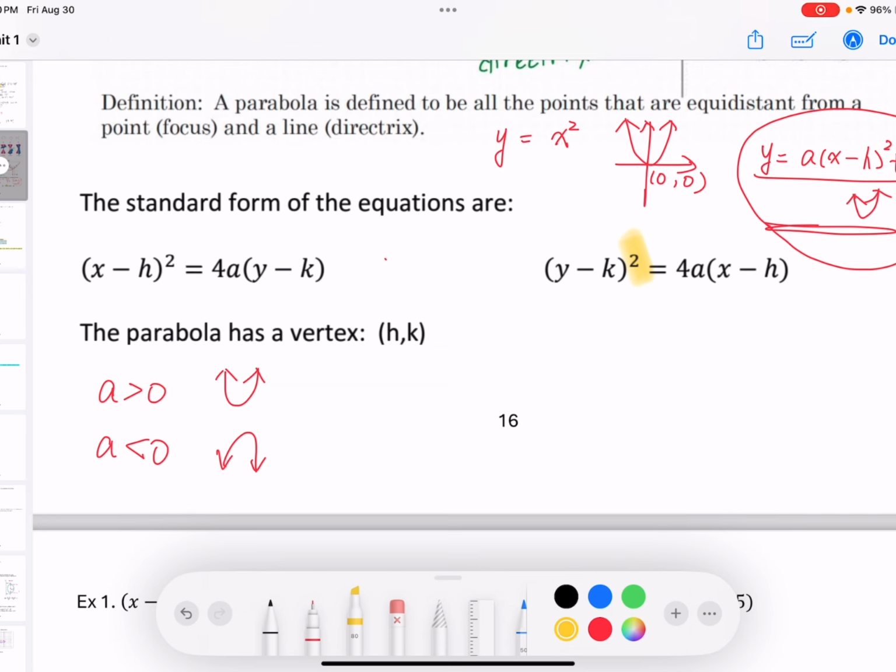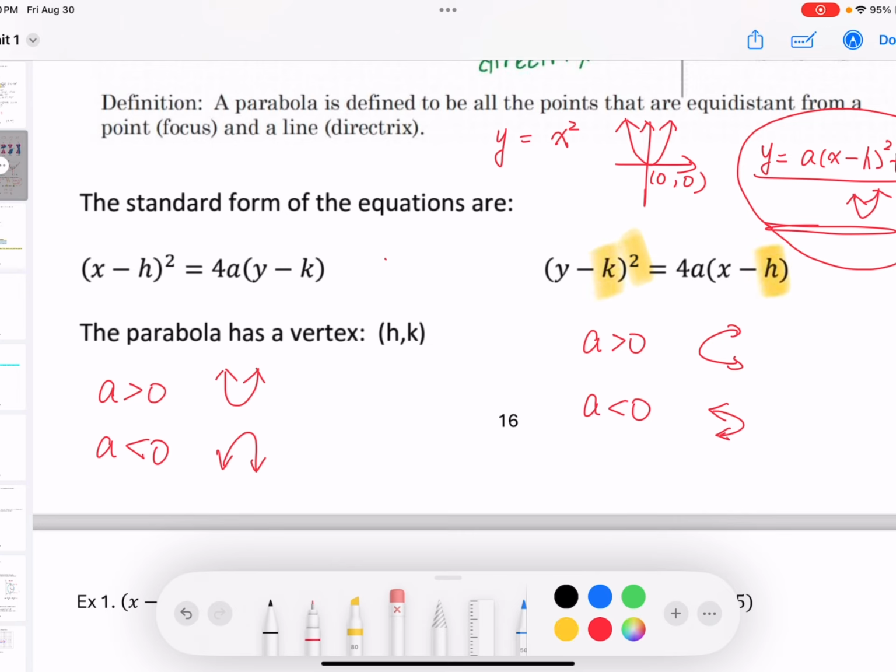If a is positive, my graph opens to the right, because on the xy plane, opening to the right means opening in the positive x direction, and opening to the left means the negative x direction. If a is less than 0, my parabola opens to the left. And they all have the same vertex, which is h comma k.